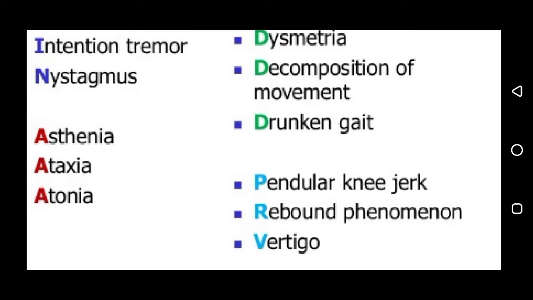Rebound phenomena. What is rebound phenomena? It is an exaggerated movement of the limbs when resistance against a particular movement is suddenly removed, and it is due to absence of the coordinated braking effect of the antagonist muscle. For example, this may occur if the patient tries to flex his forearm against a resistance.